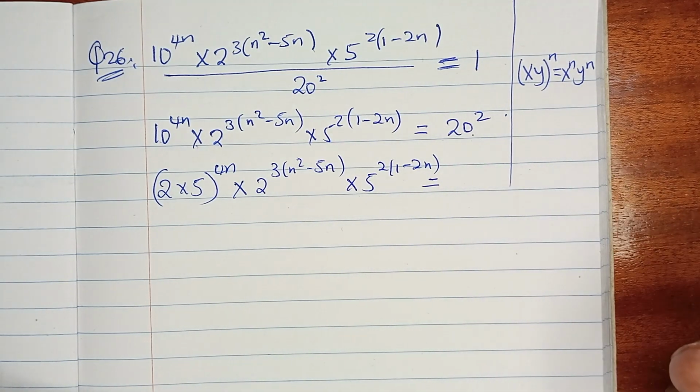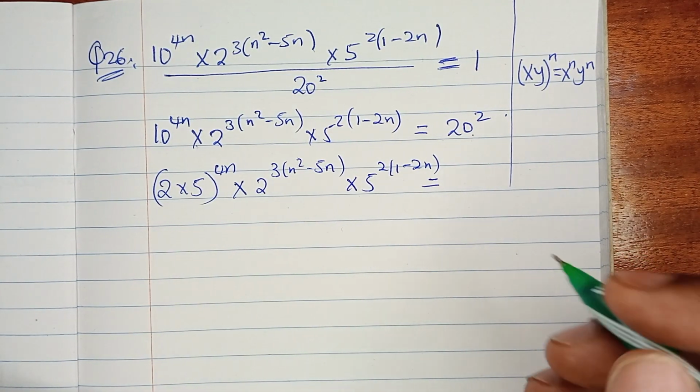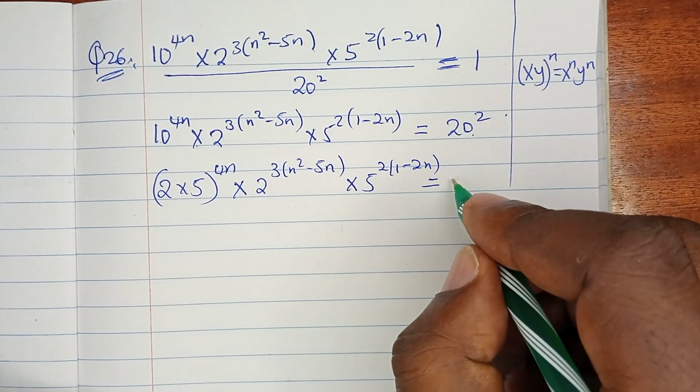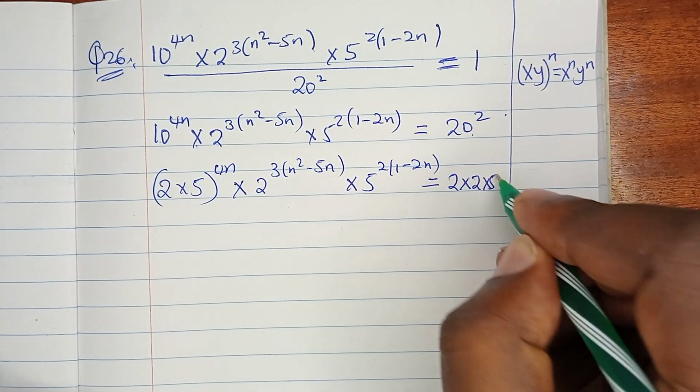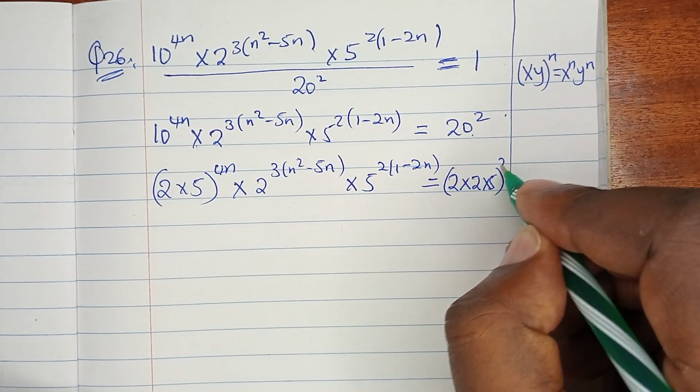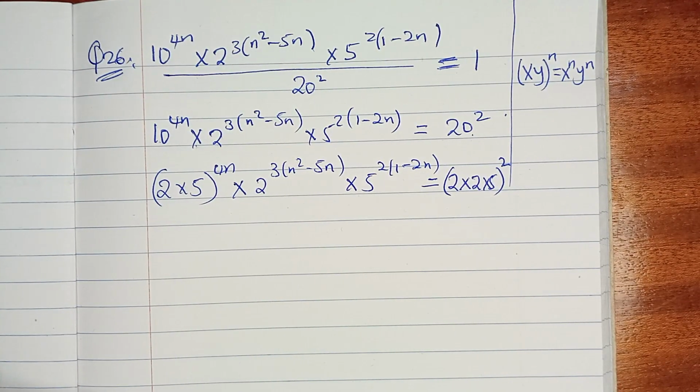we can also break this one in terms of the prime factors 5 and 2: 2 times 5, which is again raised to power 2.